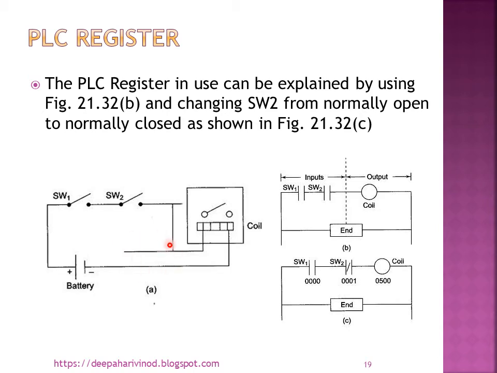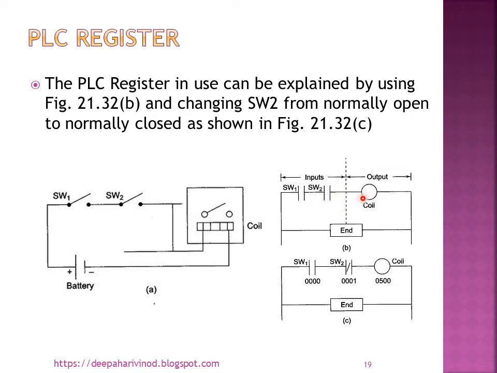In PLC we are using a logic called ladder logic for representing or for programming. A ladder diagram consists of individual rungs. Here we can see this is a rung. Each rung must contain one or more inputs and one or more outputs.